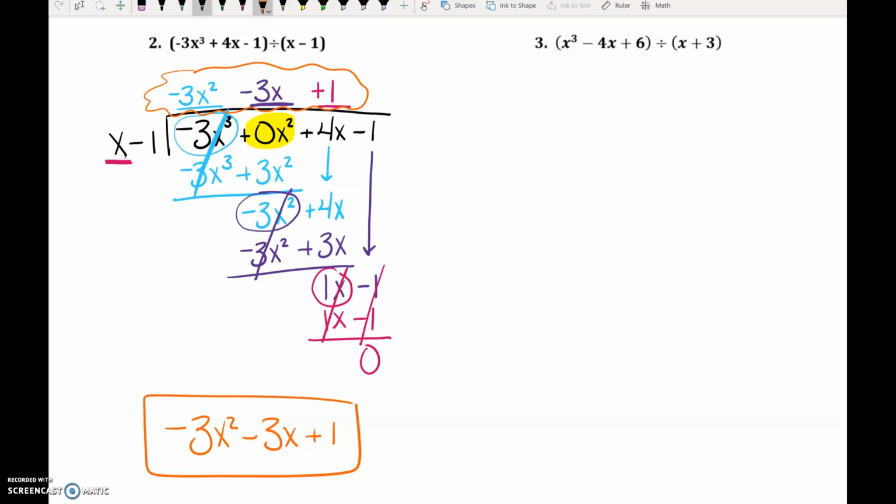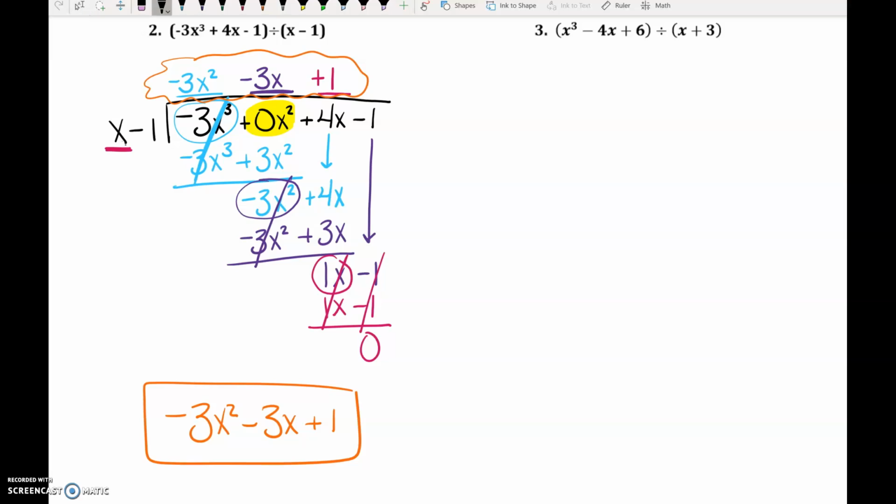Now what does this answer mean? This answer means that yesterday we did x minus 1 times negative 3x squared minus 3x plus 1, and we got negative 3x squared plus 4x minus 1. Notice this is what we started with.